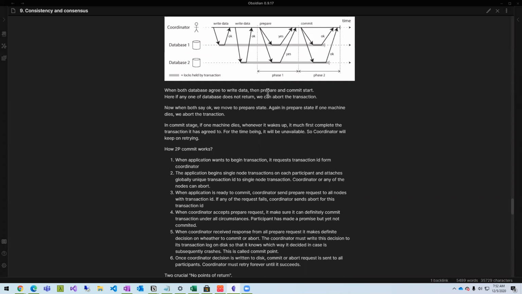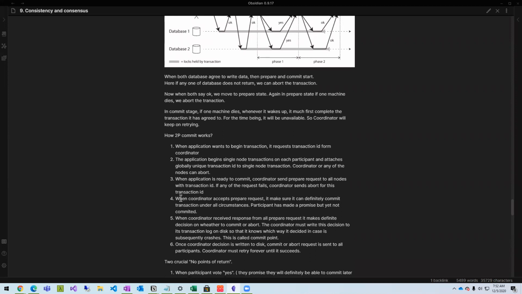It cannot abort after this point. So when the participant accepts the prepare request, it makes sure it can definitely commit the transaction under all circumstances, right? Participant has made a promise, but not yet committed.